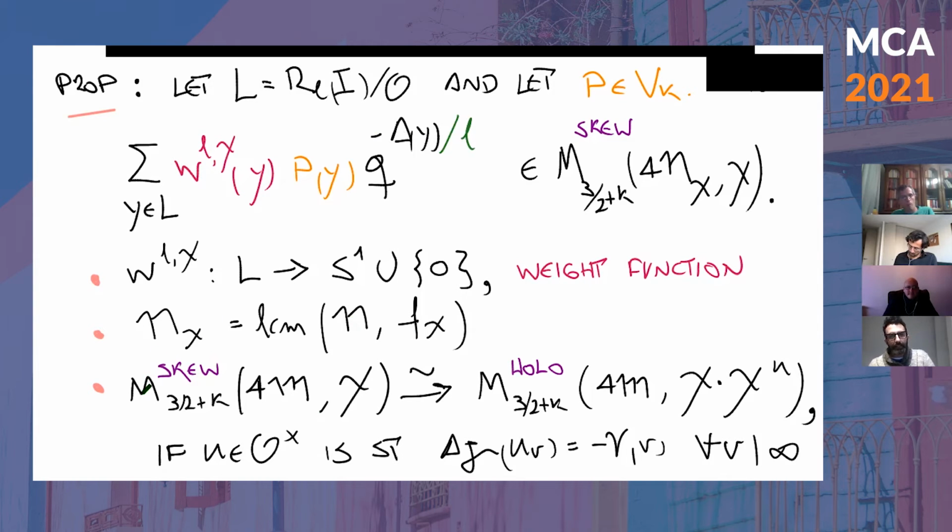This is something that we do not see in the classical case because of the following. These spaces of skew holomorphic modular forms can be put into correspondence with the spaces of holomorphic modular forms of the same level and a slightly different character, whenever you have a unit whose signs agree with minus the function gamma that we have here.